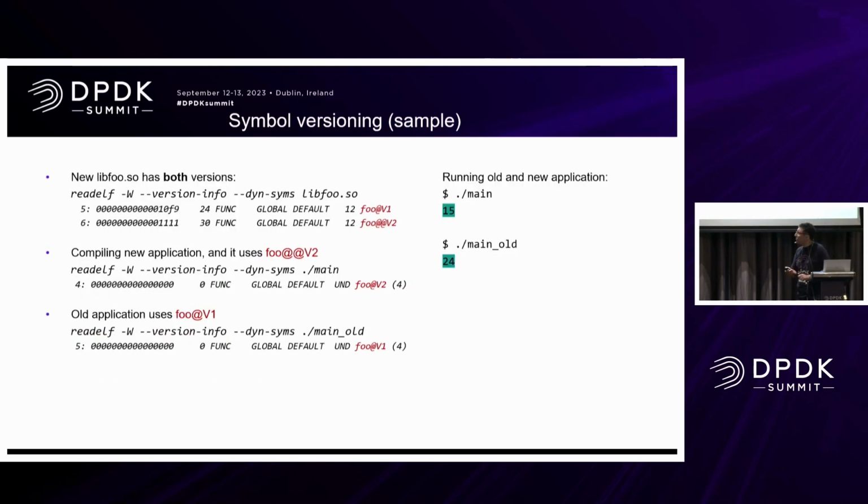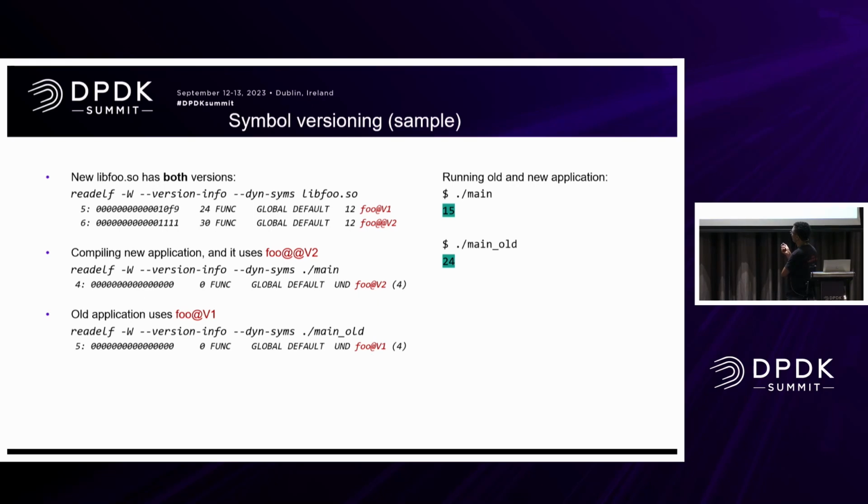So after those changes, what happened? Now lib4, if I check with readelf, displays two versions of foo. I compiled main with lib4, and I check main, and yes, it is using foo v2 because this was the default.